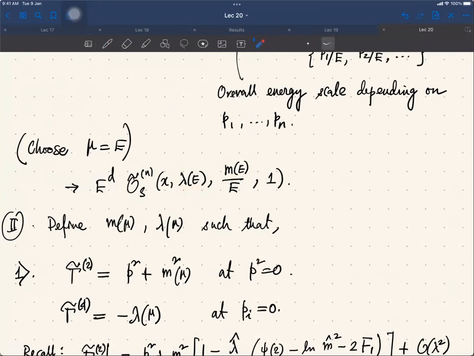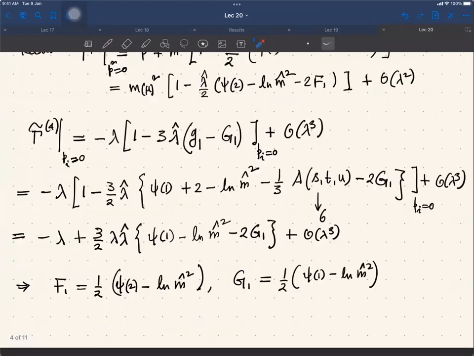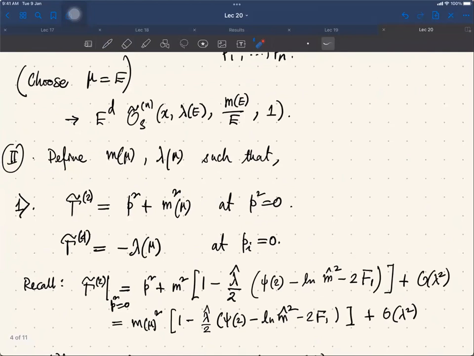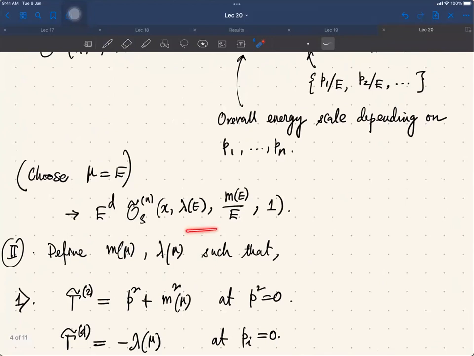How we can change the energy scale is something that I will discuss later. But this is just a demonstration, an explanation of how this program of renormalization is supposed to be used in explaining observational results.